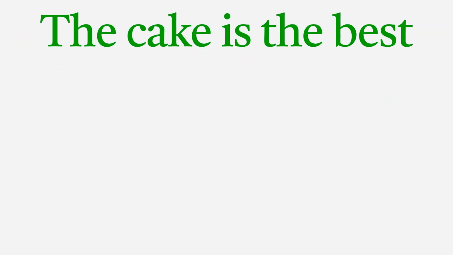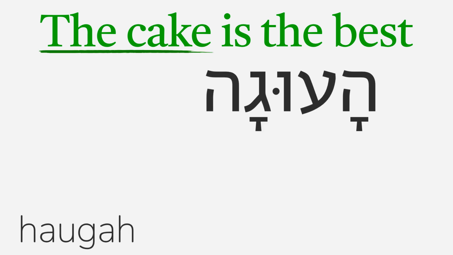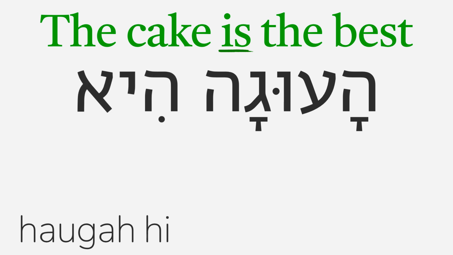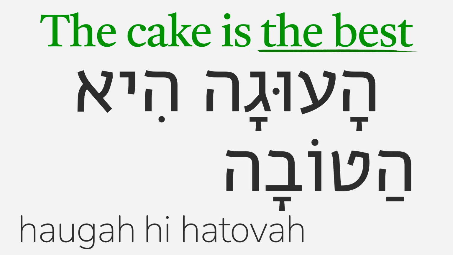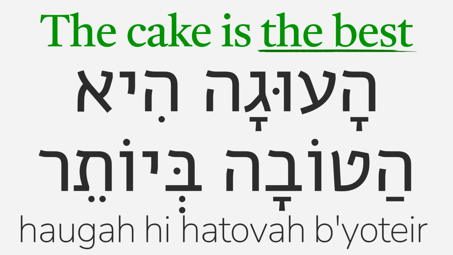To say the cake is the best with the word ba yoter, we start with ha'uga, the cake. Hebrew doesn't always need a word for is, but here I will add the pronoun hi, which can mean she or is, to break up the sentence a little. Next, we say hatova, the adjective tova, good, with a ha on the beginning, followed by biyoter.